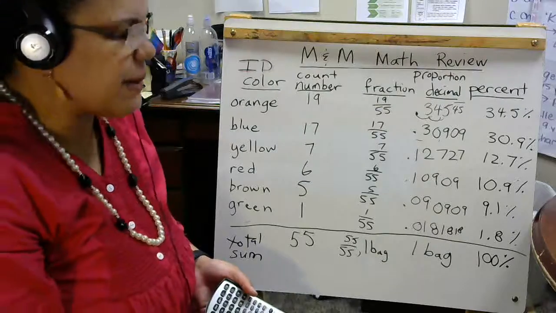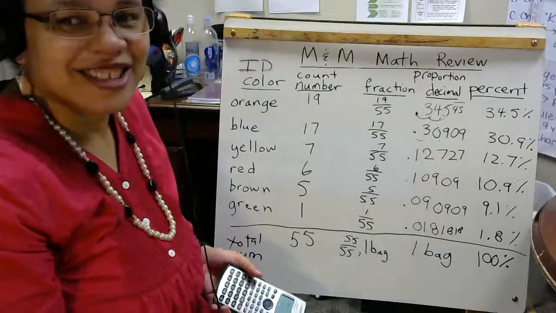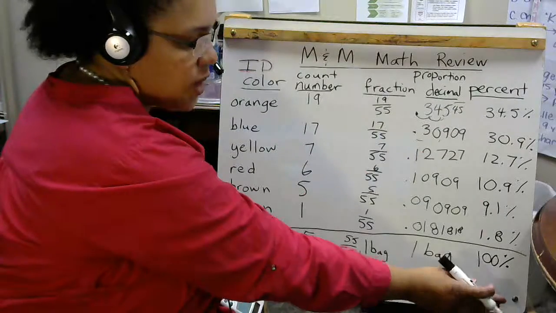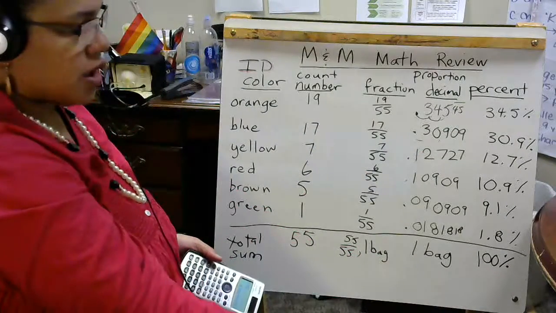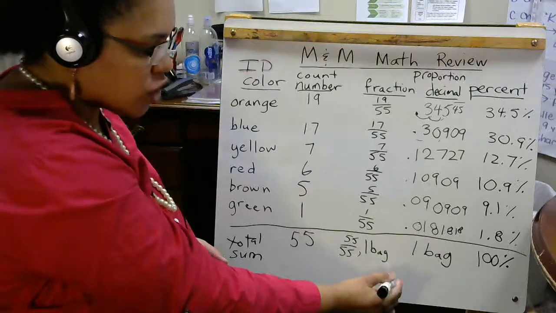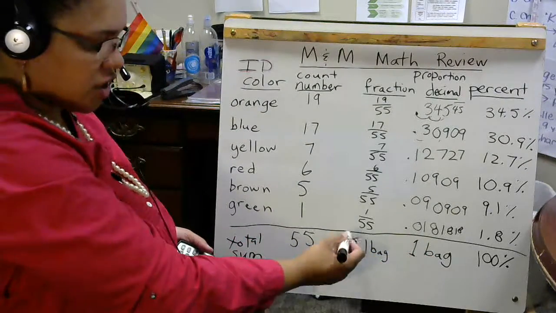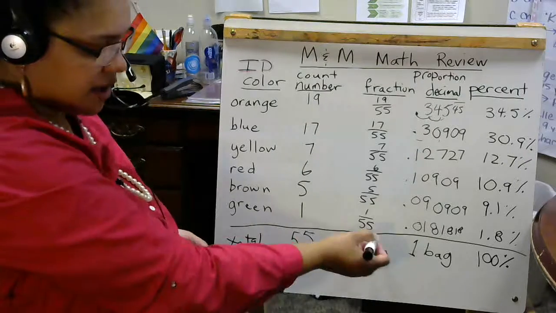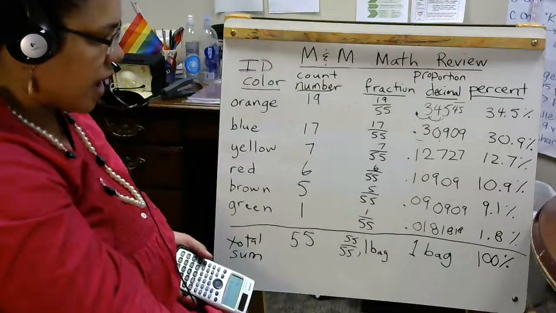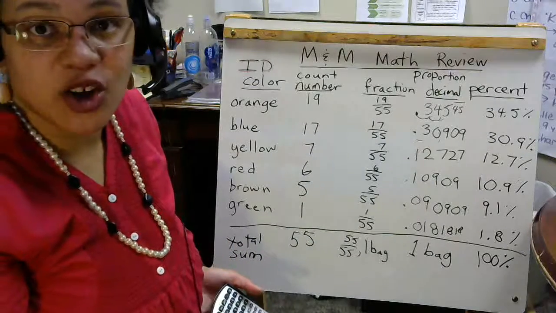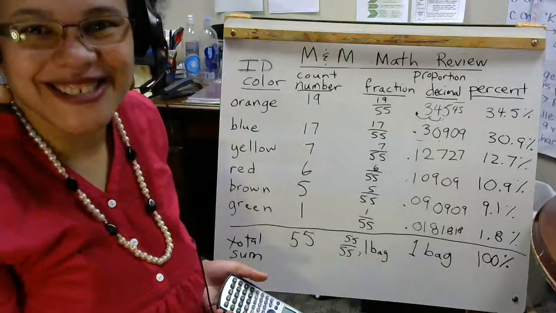Okay? It might be a little off due to rounding, but for percentages, we total to 100. For proportions, we total to 1. Okay, for fractions, the numerator will be the same as the denominator, which will be 1. And then the total for the count, we don't know. It depends on what our data is, right?